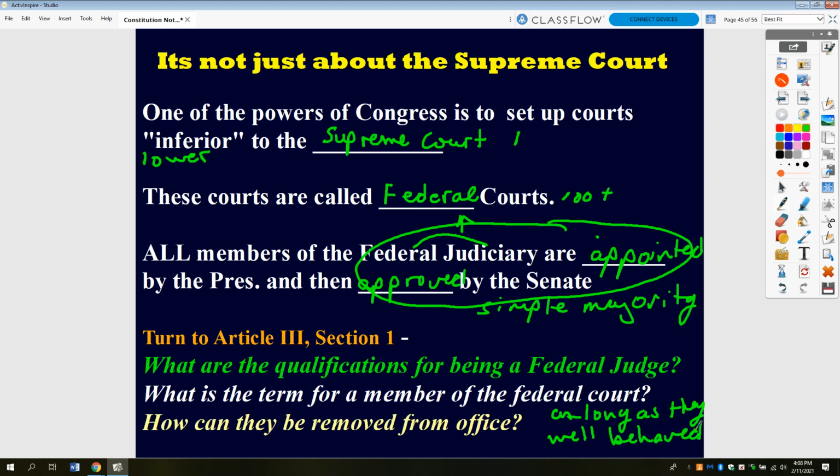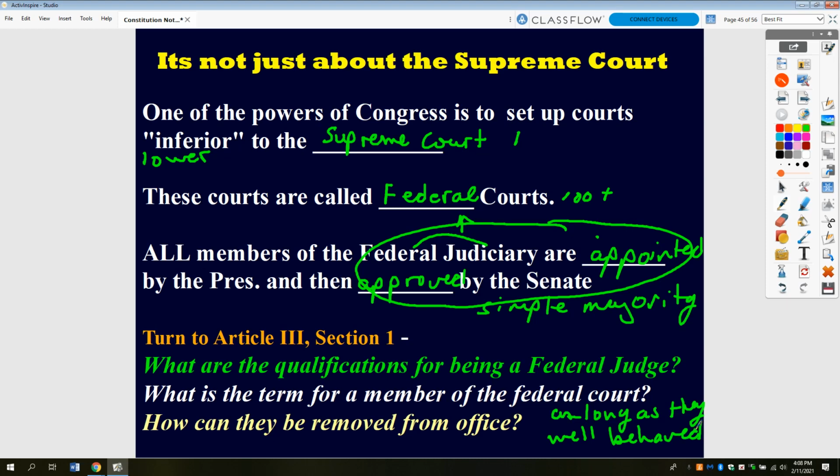Well, then this kind of begs a few questions. First of all, what does it mean to be well behaved? And second of all, who decides if they're not well behaved? And then who removes them from office if they're not well behaved?